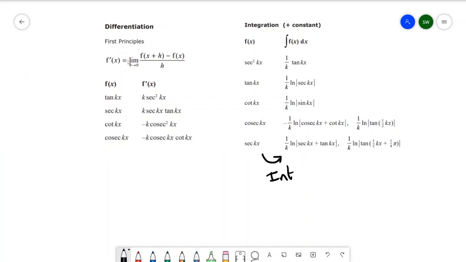What is perhaps a little bit less obvious is that in the differentiation section, you actually get told a lot of integrals. In the differentiation section, you get told a function f of x and its derivative. So as you move from the left column to the right column, you're differentiating. That tells us that if we move from the right column to the left column, we're doing the opposite of differentiation, which is integration.